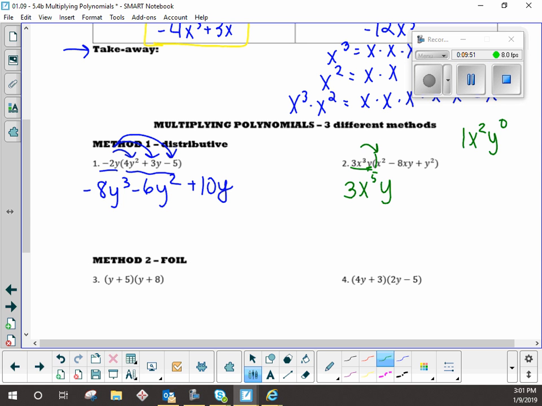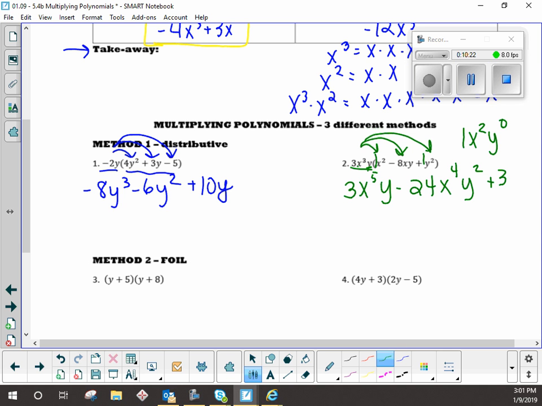And then we've got the next term, so we're distributing it there. 3 times the negative 8 is negative 24. Multiplying the x's gives you how many? X to the 4. And multiplying the y's gives you how many? Y to the second. And then distributing it to the very last term, 3 times the coefficient over there, which is just 1, so I have plus 3.